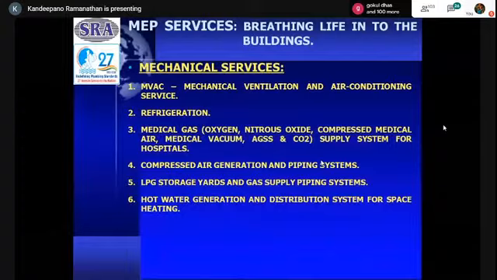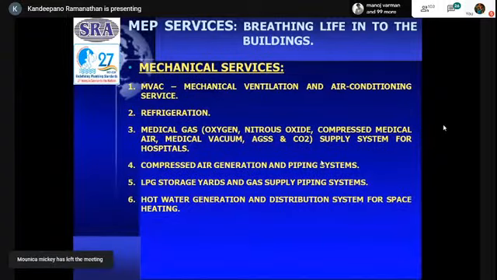We generate hot water and distribute it to every room, and using heating coils we produce a hot environment in cold climate areas. Like we do, not in Chennai of course, we do it in northern India, in Shimla, Kashmir, places where the temperature is very low, or even in Ooty also.